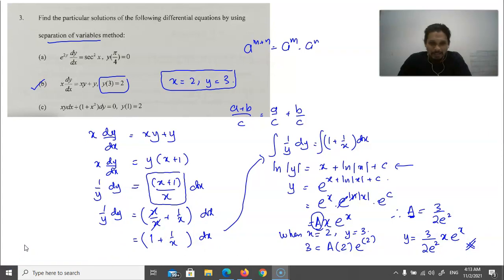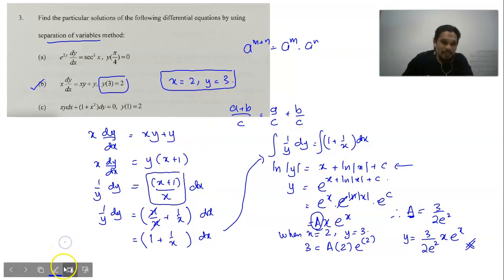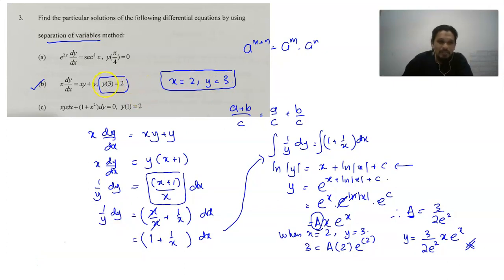Plus, I think that I found my mistake here. It's not a mistake of the technique, but I mistakenly substituted the values of x and y. Look at this one here: the value of x equal to 3, y equal to 2, but I made a mistake here by assuming that x equal to 2, y equal to 3.